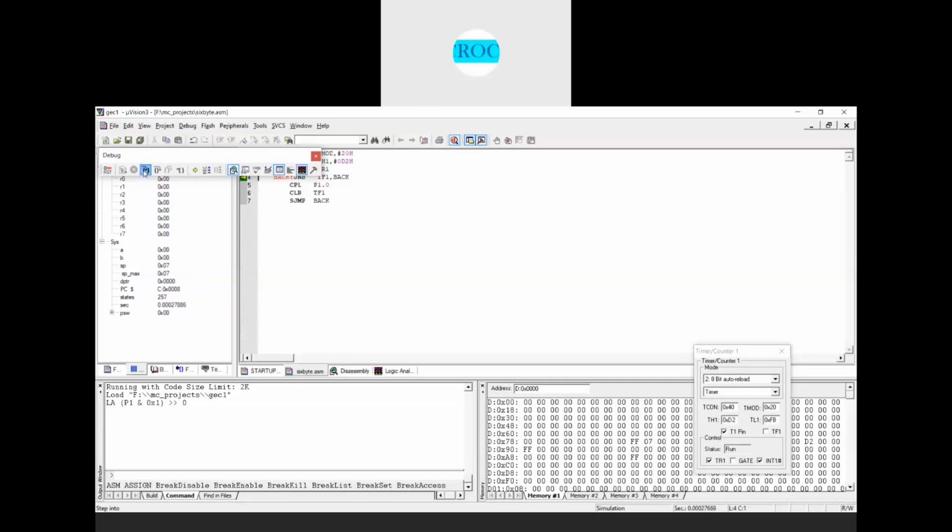Now F7, F9, FB, again you can see here now it is D3, it has started from D2 now, right? The TL register has started from this value now, right? Now again this TF flag will be set, and again it will start incrementing.